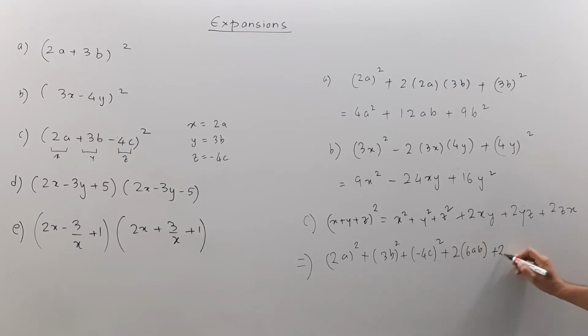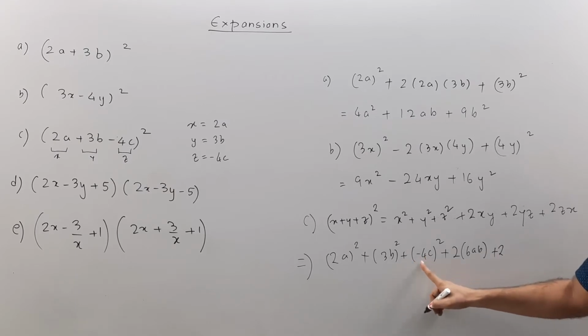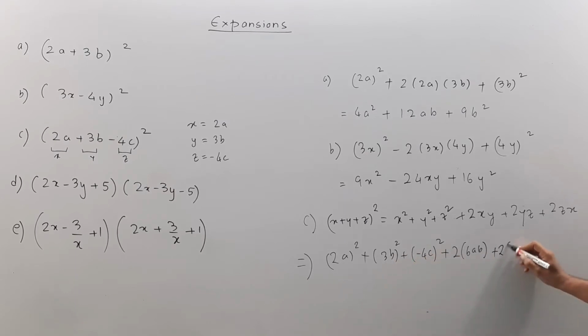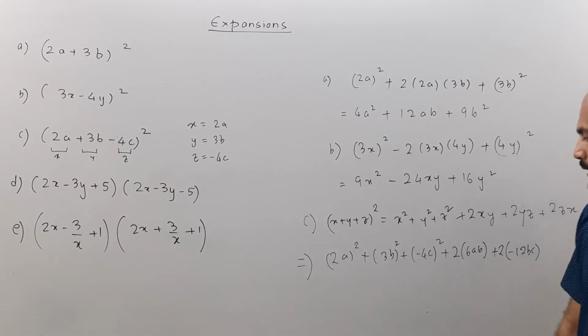plus 2 times these two terms, minus 12bc, and these two terms would be zx. Zx would be these two terms, minus 8ac.